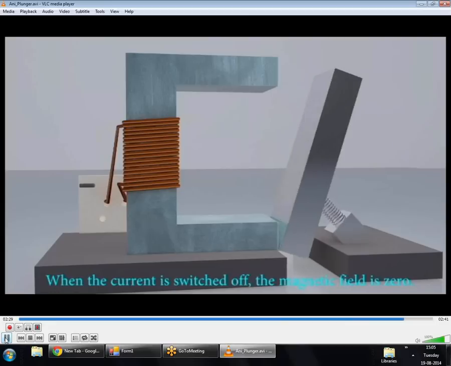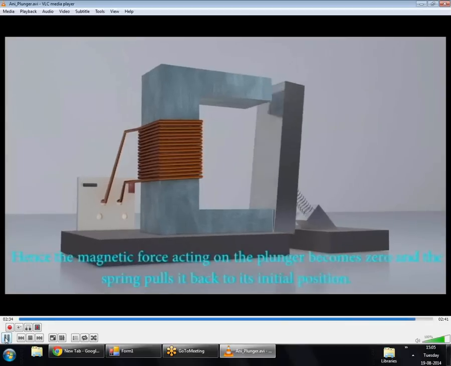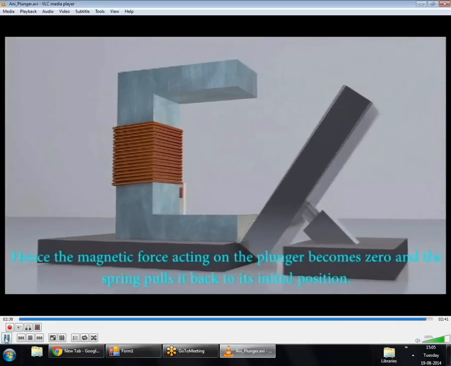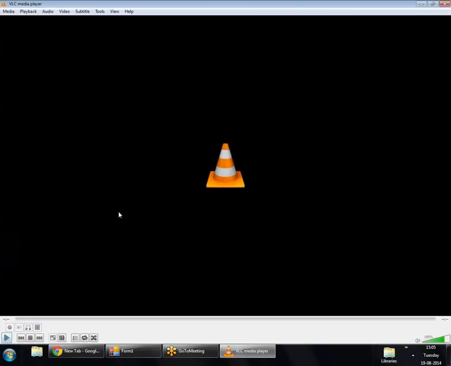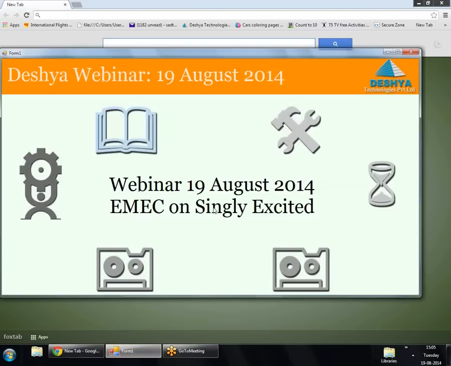When the current stops flowing, the plunger would come back to its original position with the help of the spring. So this, again, is a motion created by current flowing through one coil. That's why these are known as singly excited systems. These are the most fundamental singly excited systems.